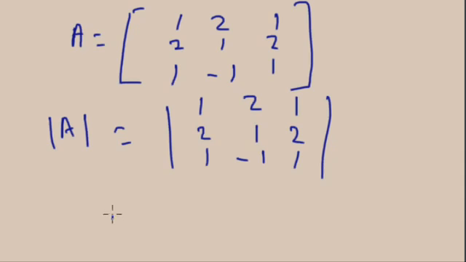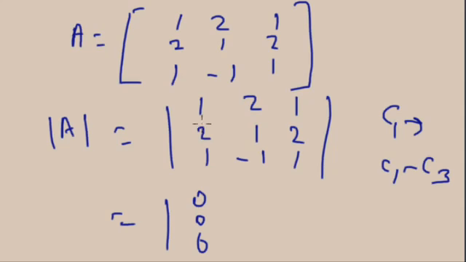If I reduce this, I will get 0 0 0, since two rows are the same. So the determinant of the 3 by 3 is 0.